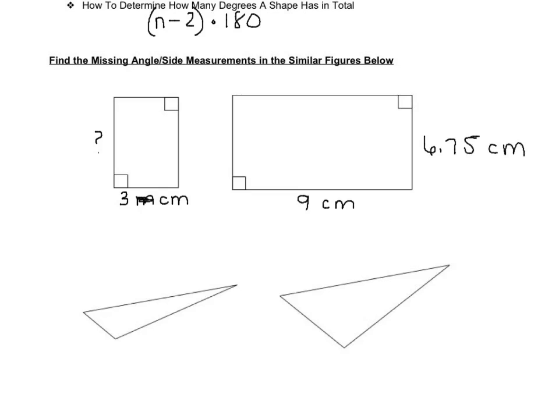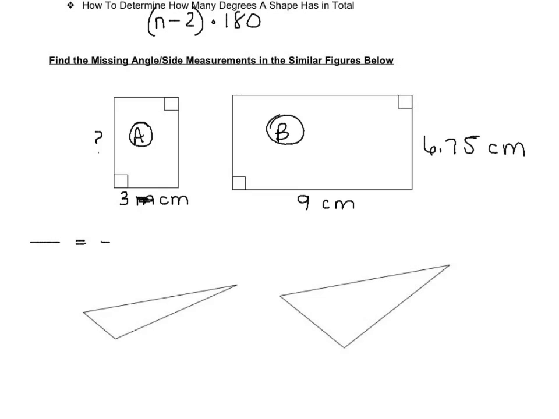And in order to do this, we need to set up our proportion. The biggest thing to remember, once again, is the shape A and the B, or the 1 and the 2, and to make sure that we have corresponding sides that are matching up.